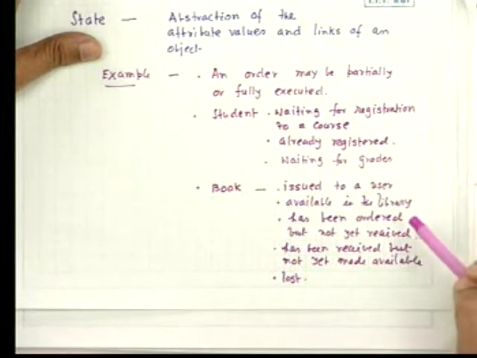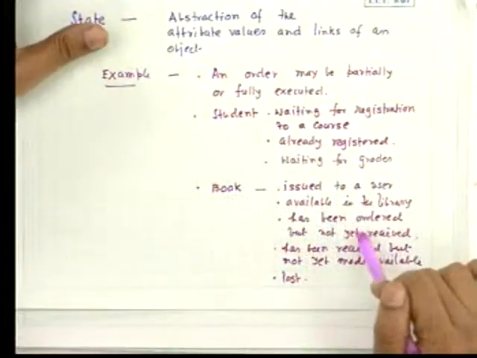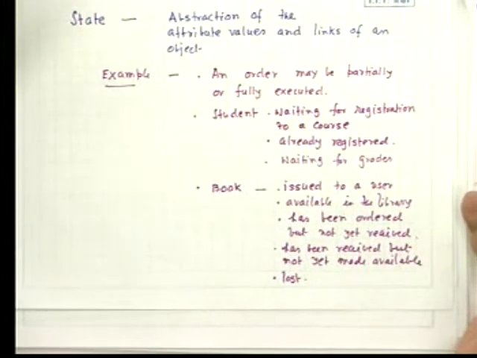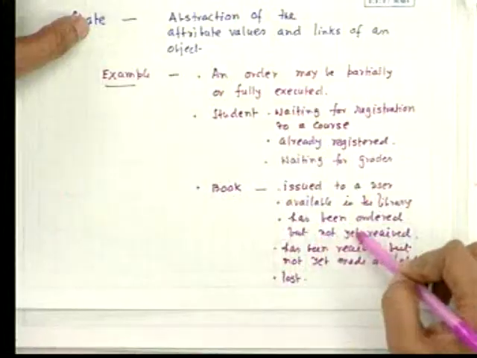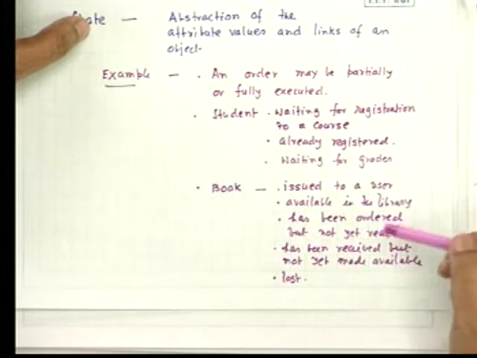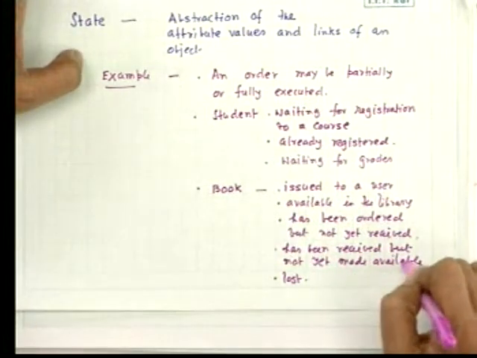So we can look at the book in different states, and depending upon the state it is in, it will respond to the events when they occur in the external world. For example, if the book is in the ordered state, when the supplier supplies the book, it will change to the state in which the book has been received.